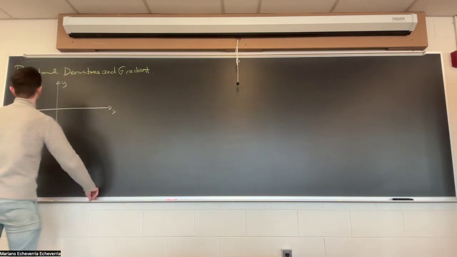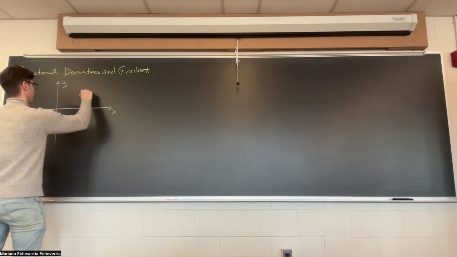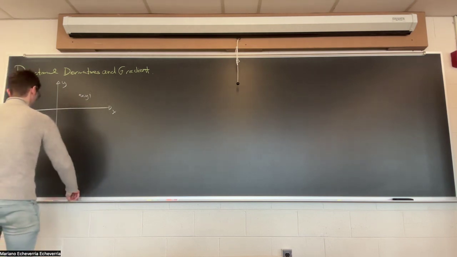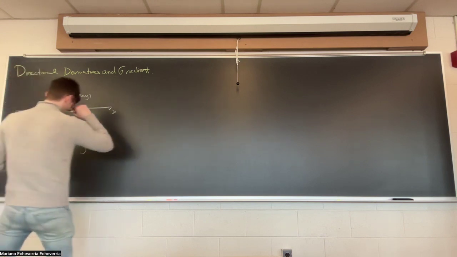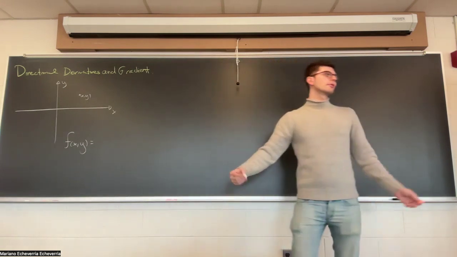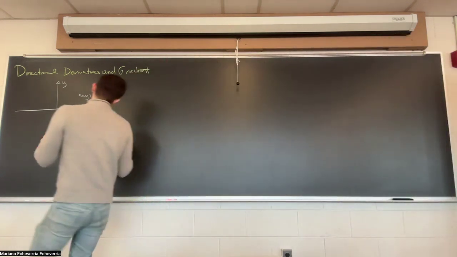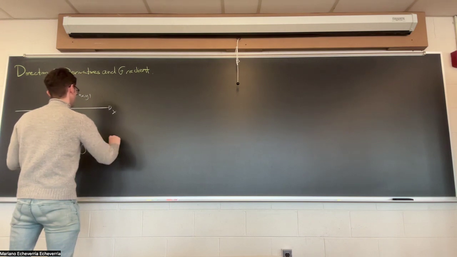You have a function of two variables. One way to think about it, which you don't have to, but is kind of convenient, is to think of the function as the temperature at the point (x, y).